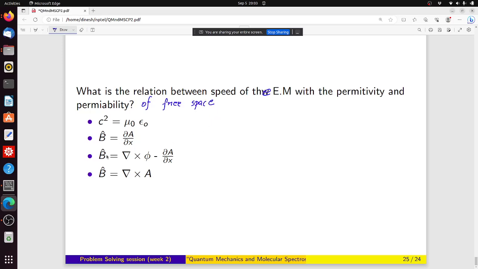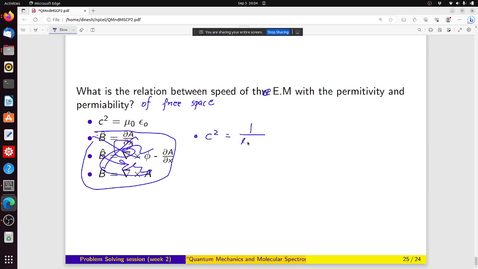Sorry, ignore this, let me give it to you manually. c square equals 1 over mu 0 epsilon 0.